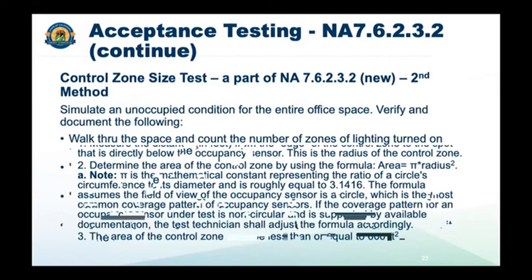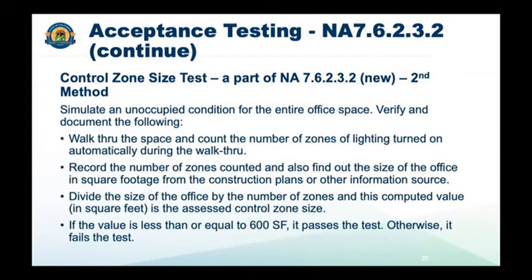And then the second method could be simpler in terms of the steps. This is basically about counting the number of zones and then dividing the office space square footage by the number of zones. And the calculated area figure must be less than or equal to 600 square feet.